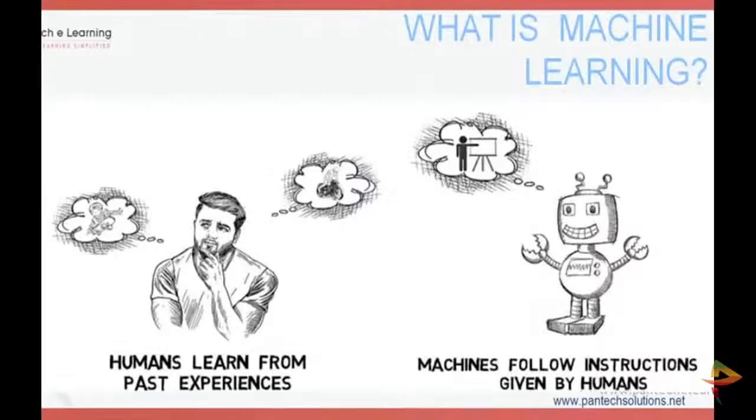So, coming to machine learning, what is machine learning and how does a machine work? We learn based upon past experiences, whatever experiences we face from childhood. By birth we can't walk and we can't run. We learn step by step by falling down and crawling.